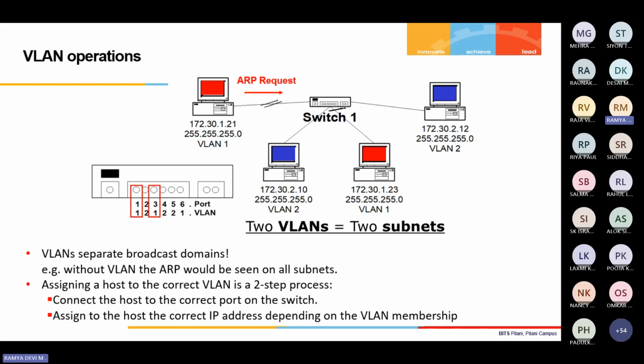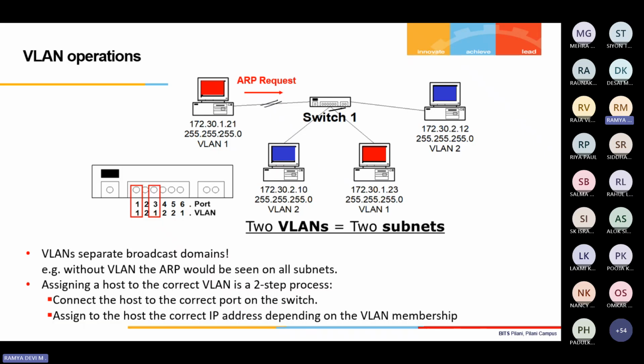If one system sends an ARP request, it will be flooded to all the ports in this switch, and reach all the hosts connected to the same switch. That is the problem. What will happen with the VLAN? The ARP request will be sent only to the ports which are configured to VLAN 1.